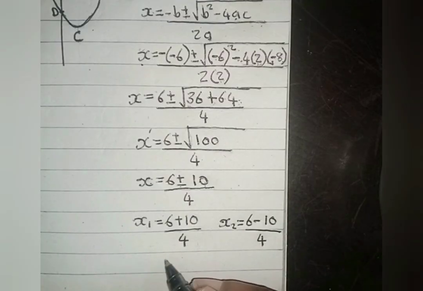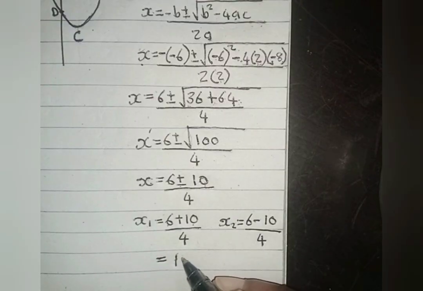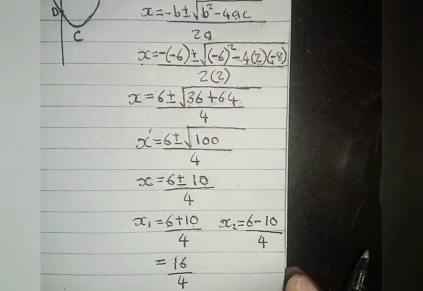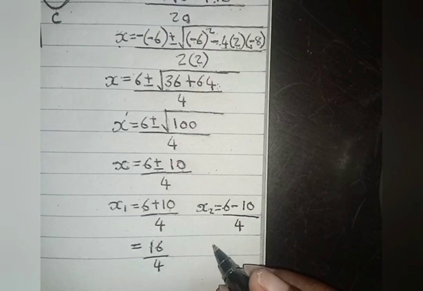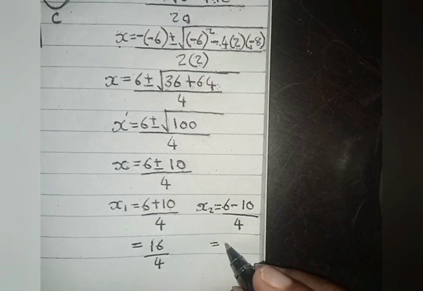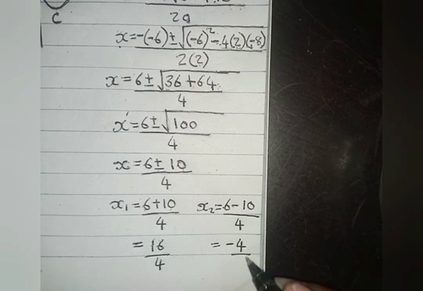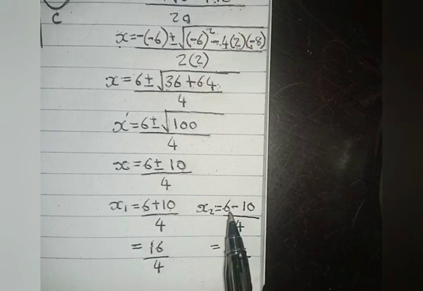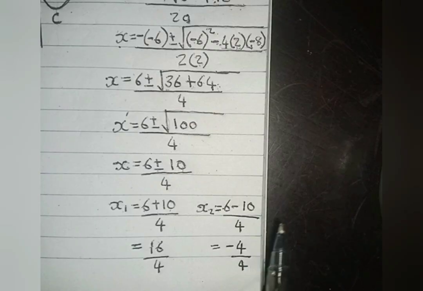Let us simplify. 6 plus 10, 16 over 4. On the other side, we have 6 minus 10. We get -4 over 4. So if you don't know how to simplify integers, you can watch my other tutorial videos on integers.